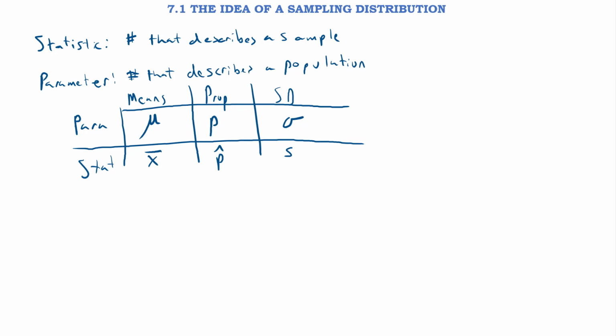So let's look at a little bit of a problem here and talk about this. So let's say I had a small class. Let's say I had only 4 people that took the last test that we took. Let's call that the Unit 4 test.